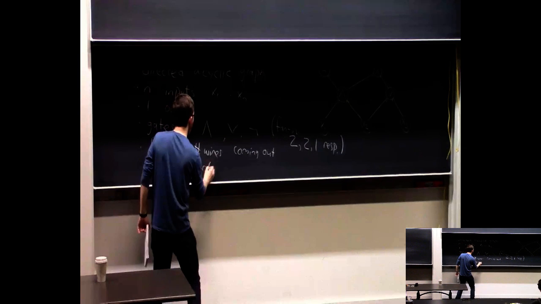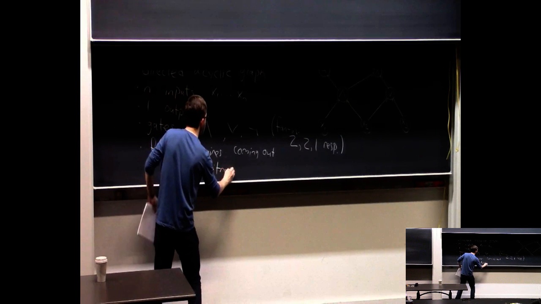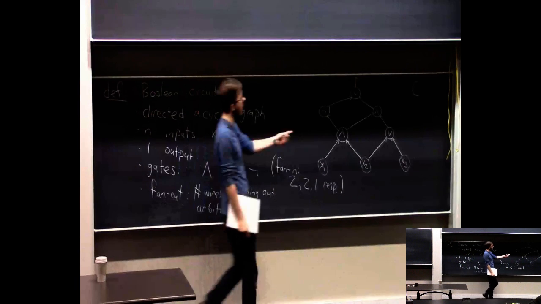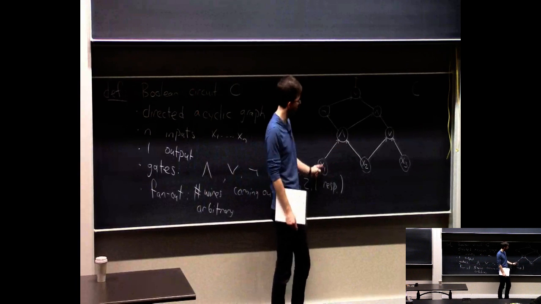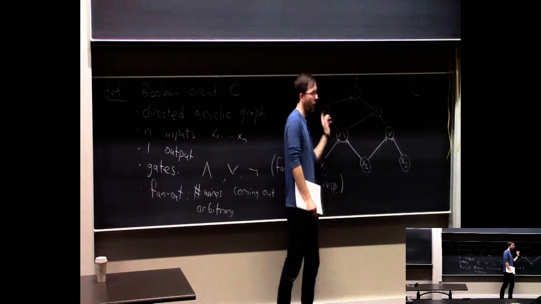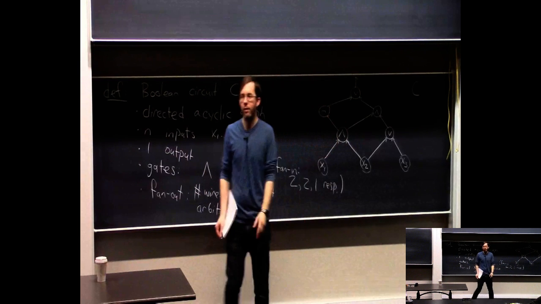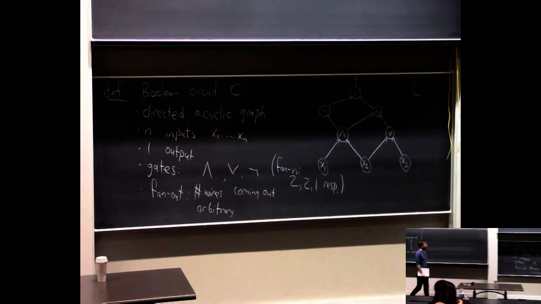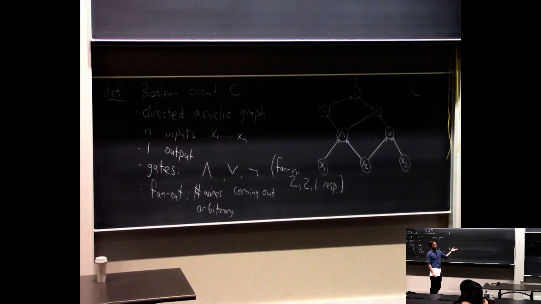So you can have as many wires coming out of a gate as you want, which is convenient. If you think of this as doing some computation, it means you can reuse a computation. Once this circuit has computed x1 and x2, it feeds it in here, it feeds it in here. It's got fan-out 2. You can have as much as you want. So that's not a proper definition, but I think you all know what I mean.